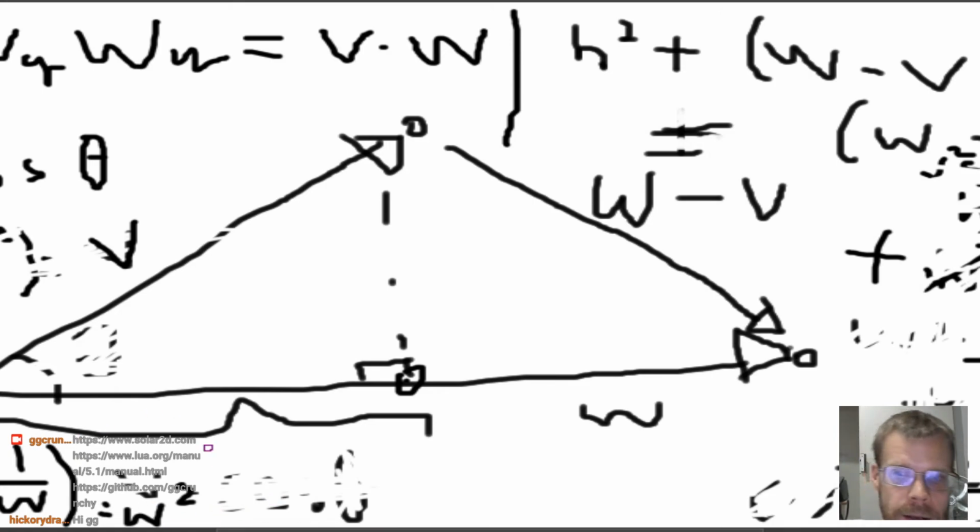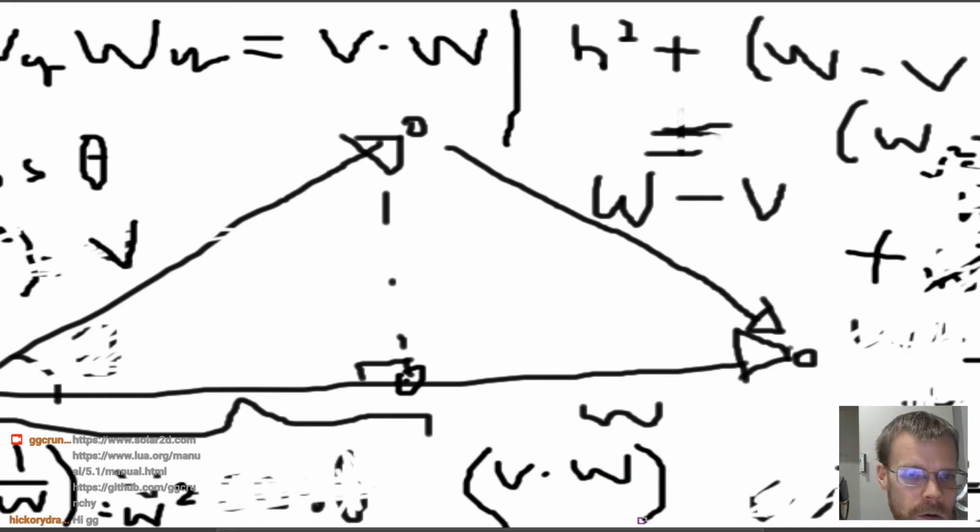And something convenient is that if you look at these, XX plus YY equals V dot W, and if both of these are the same vector, so W times W, we'll have WX times WX plus WY times WY, and it'll be the length of W squared. So this scale factor that will actually get us from here to here is often written as V dot W over W dot W. And this is called the component.